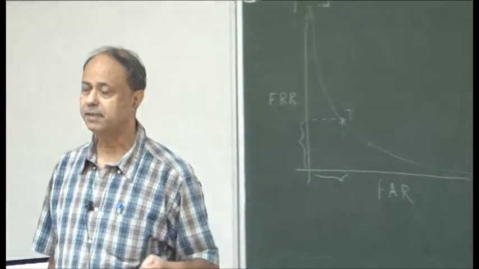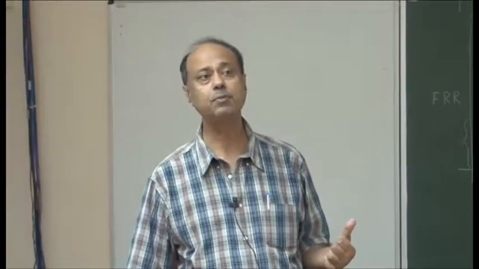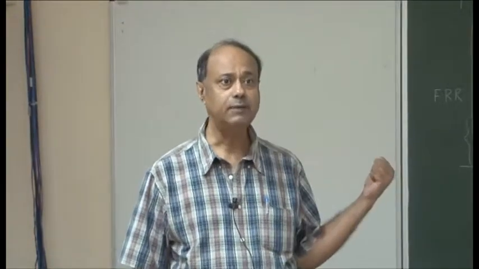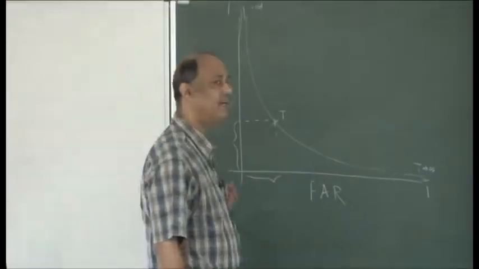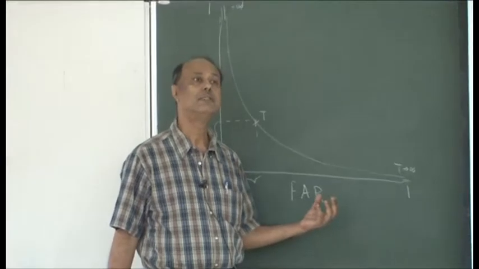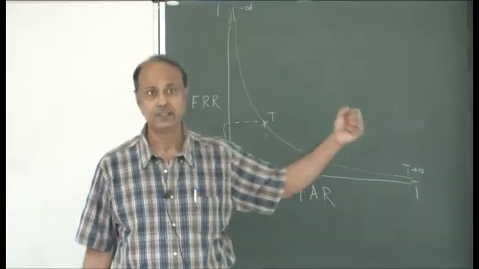That means some imposters have entered your system, and with the one leave out method, it is of the order of square. Suppose I have a database of 10,000; with one leave out, the number of persons here is 10,000 square and this side is 10,000.